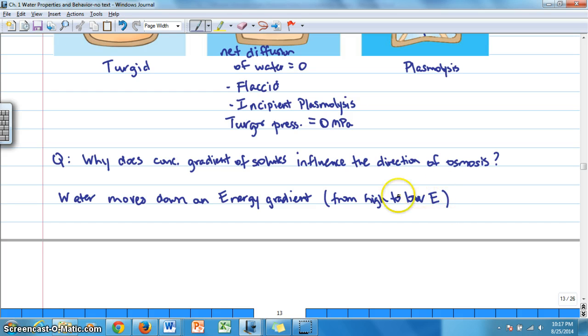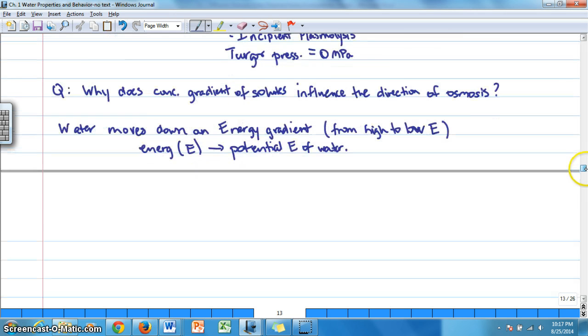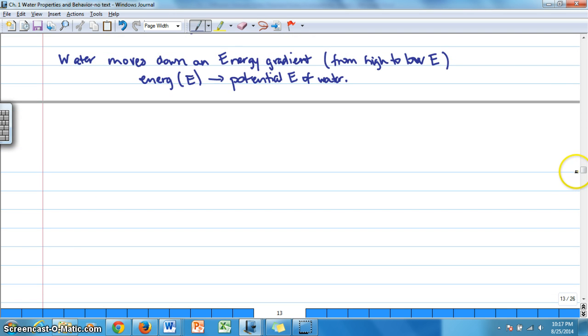And that energy, the E, refers specifically to the potential energy of water. So water moves from an area where there's high potential energy to an area where there's low potential energy.